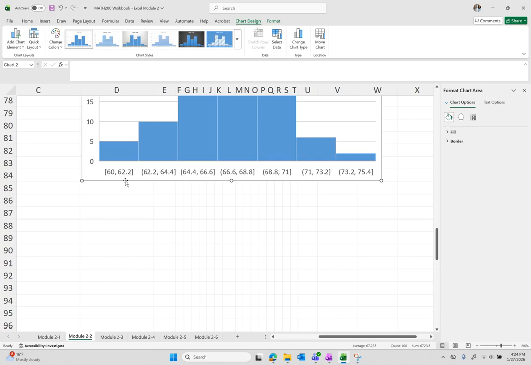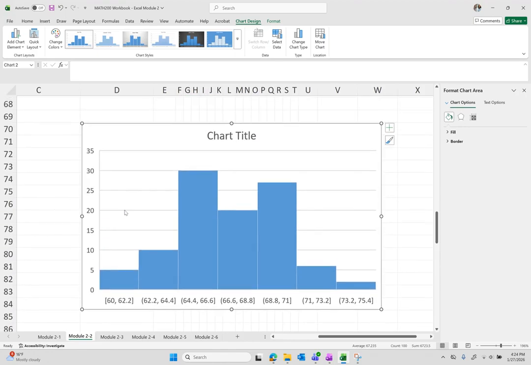So that is something that unfortunately automatically gets done in Excel. Now, you can change this if you want, but again, it's never going to start at 59.95 unless you have advanced skills in Excel to change it. It won't do it intuitively and automatically, and it will not be very easy for you to change.